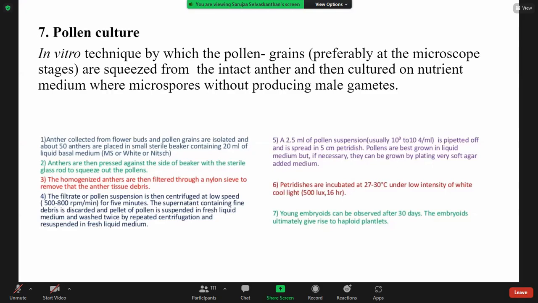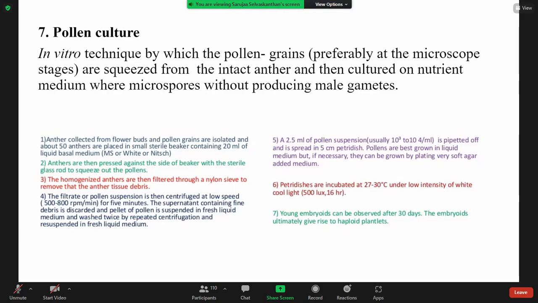We remove the debris and obtain the filtrate, the pollen suspension. It can be centrifuged at a low speed for 5 minutes. The supernatant contains fine debris, and that also we remove. We only take the suspension, which contains the pollen, and we wash it twice using centrifugation and resuspend it in fresh liquid media.